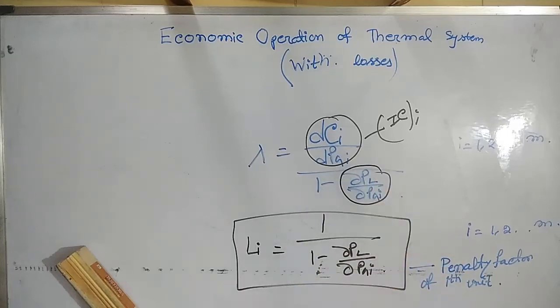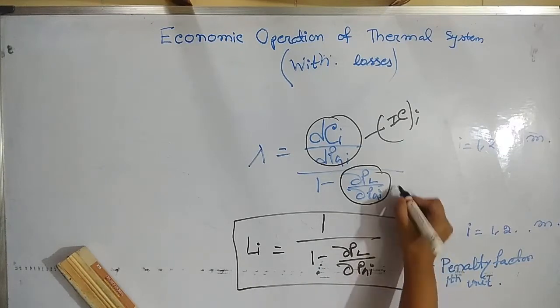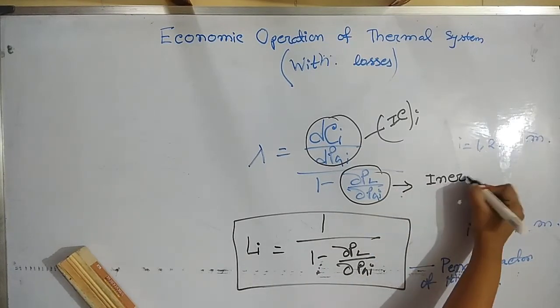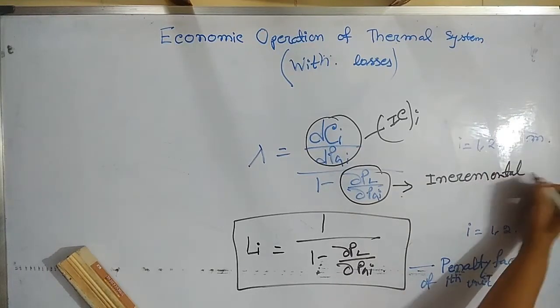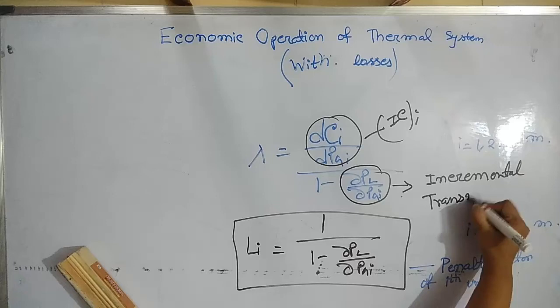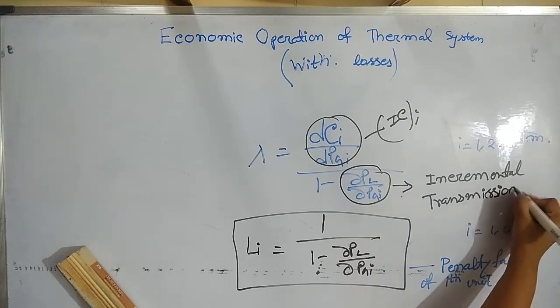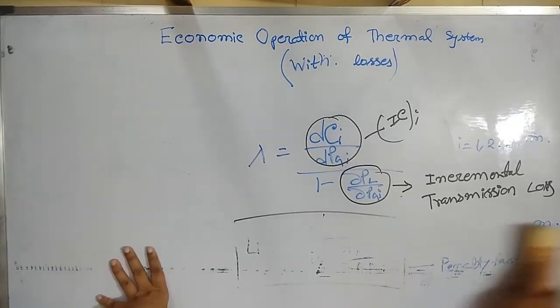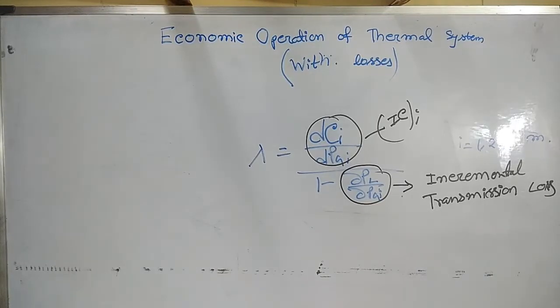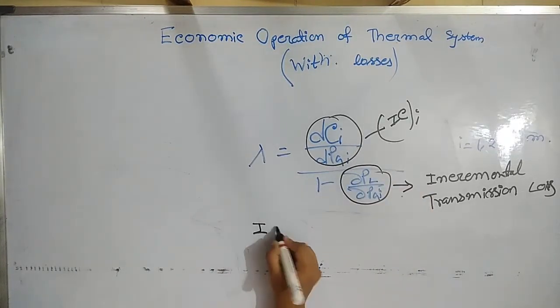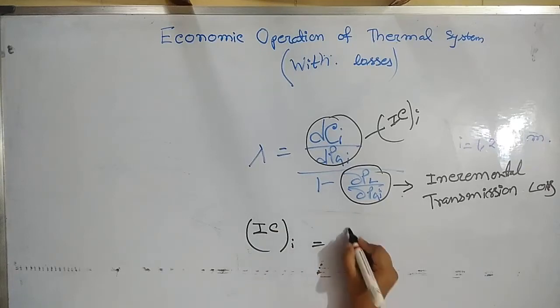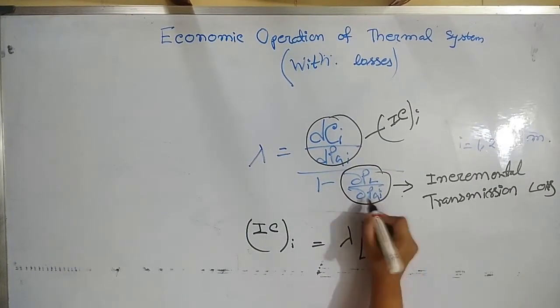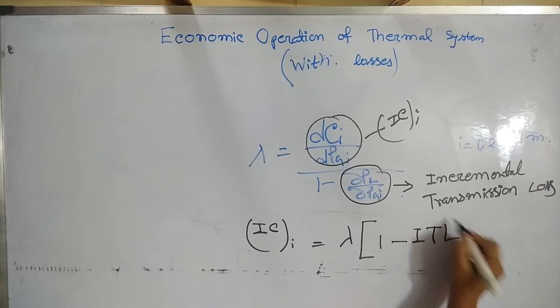And this term is known as incremental transmission loss. Now this equation can be written as IC, that is incremental cost, equals lambda minus lambda into the incremental transmission loss.